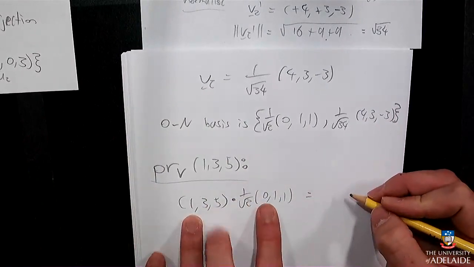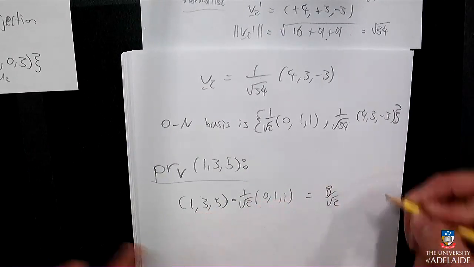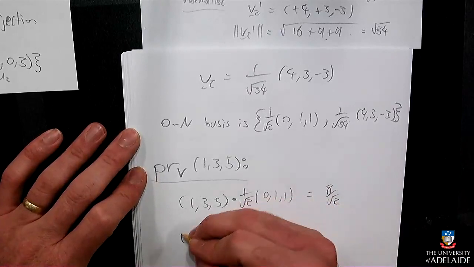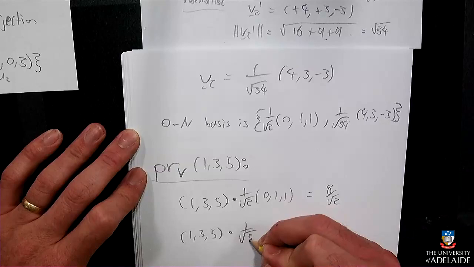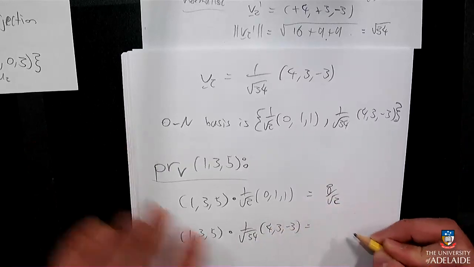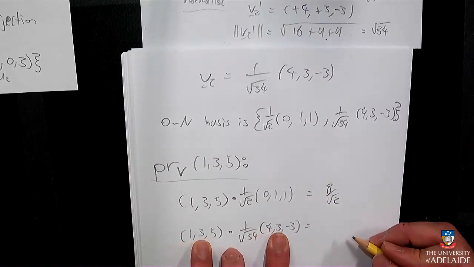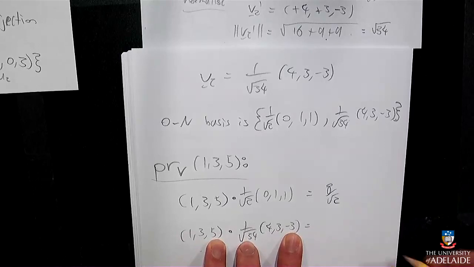Dot product. So 0 plus 3 plus 5 is 8. And 135 dot 1 on root 34 times 4, 3, minus 3 is 4 plus 9 is 13, minus 15 is minus 2.